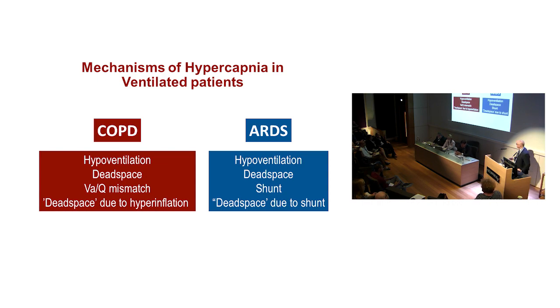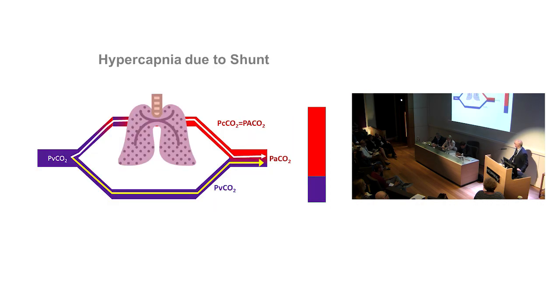In COPD, we have dead space due to hyperinflation, and that makes sense. With hyperinflation, we squeeze all the capillaries, therefore the ventilation within that lung unit is greater than the pulmonary perfusion. And here in ARDS, we have dead space due to shunt. Are you familiar with this mechanism? Because if you're not, I've got a very convenient slide I made for you here.